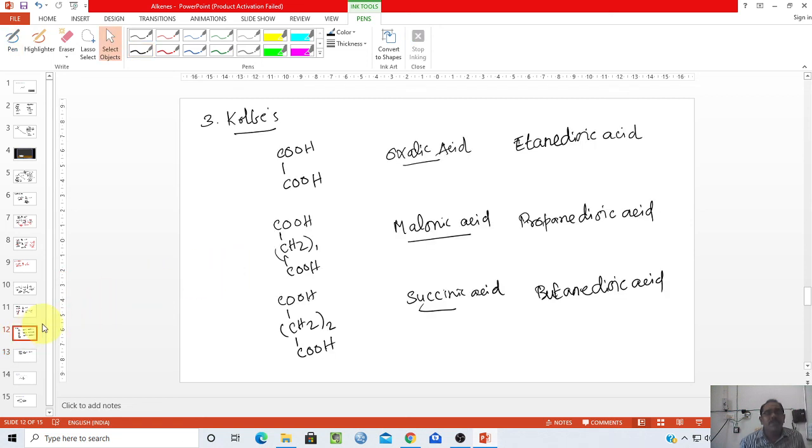Now let us go to the here. If the same reaction is conducted with oxalic acid, you think so. This will be moving as carbon dioxide, this will be moving as carbon dioxide. Nothing will be formed. Okay, this cannot be used.